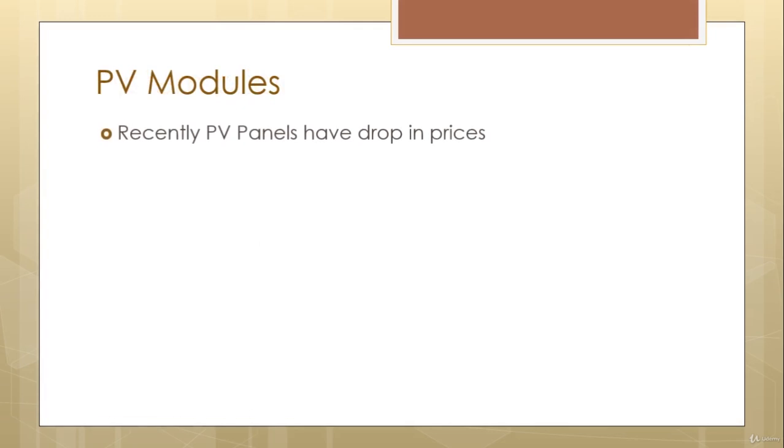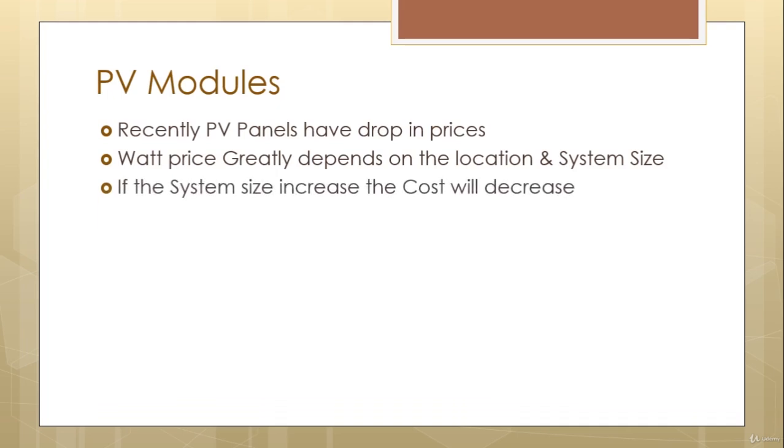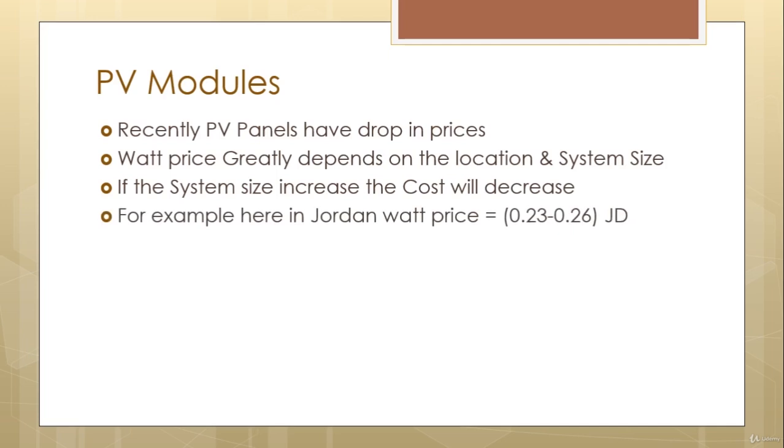PV modules. Actually, PV modules have dropped in price recently, and we're pricing the PV module according to watt price, and it greatly depends on the location and system size. Once the system size goes up, the cost will decrease. For example, here in Jordan, the watt price equals 0.23 to 0.26 JD.